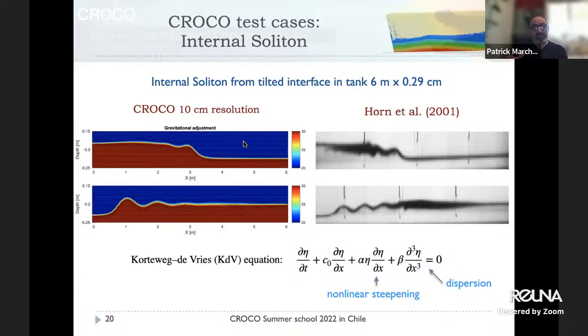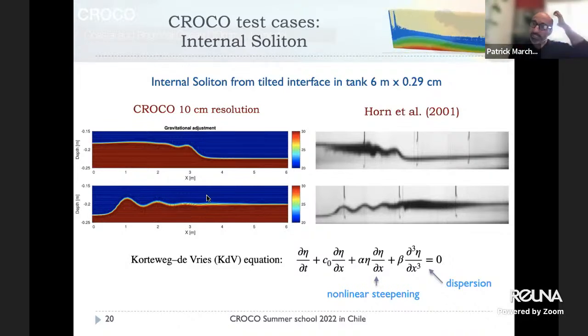And this interface is being tilted at the beginning, and it generates the propagation of a wave that will tend to form a bore and then a train of solitons when some waves detach from the front.